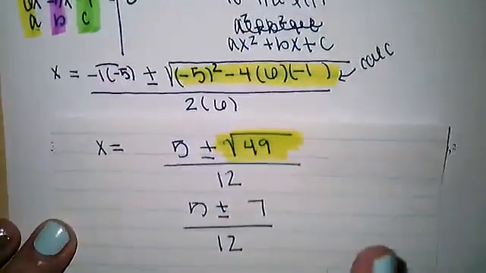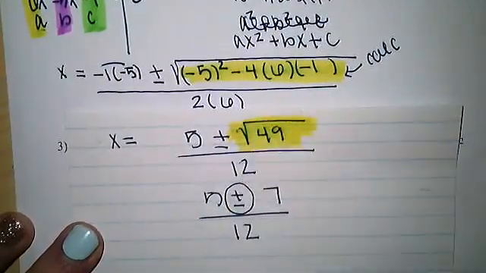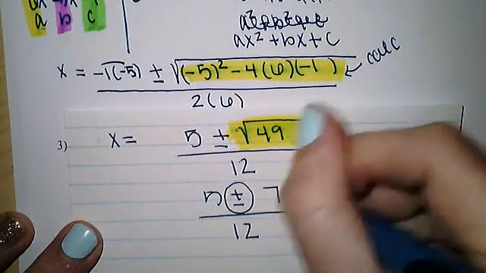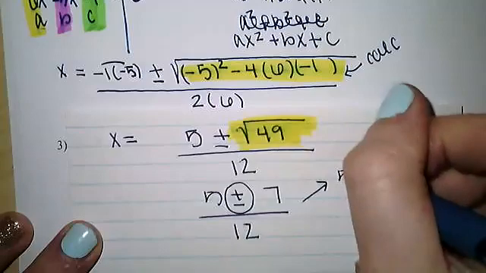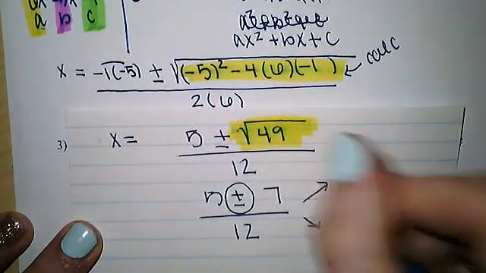So at the end, all you have to do is find your 2 answers. So see this thing in the middle? Do you guys know what that little thing means? Perfect. Good job, Ashley. So don't you have to do the equation positively and do it again negatively? Perfect. Good job.